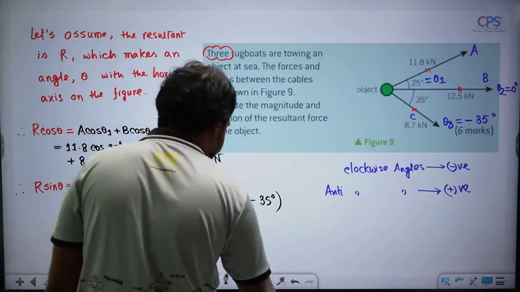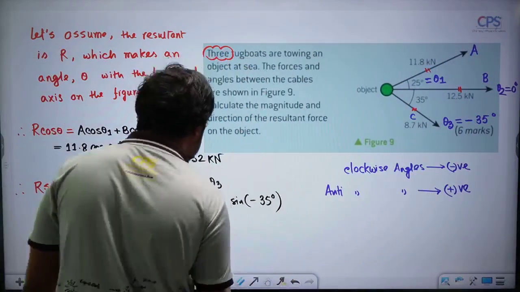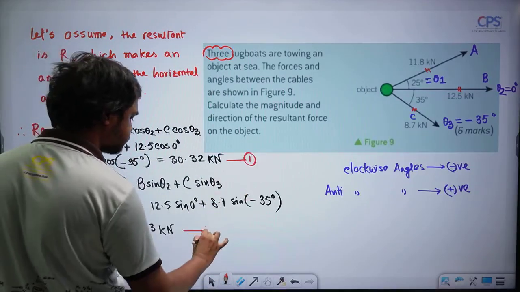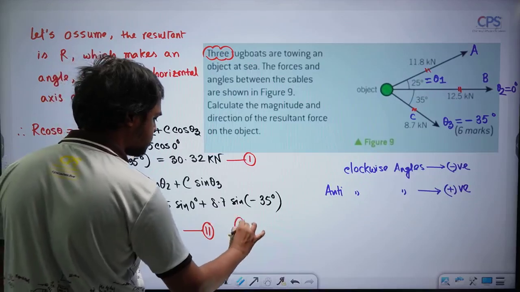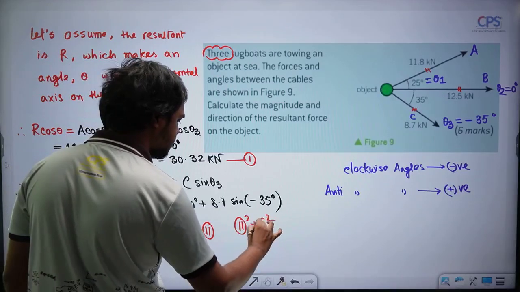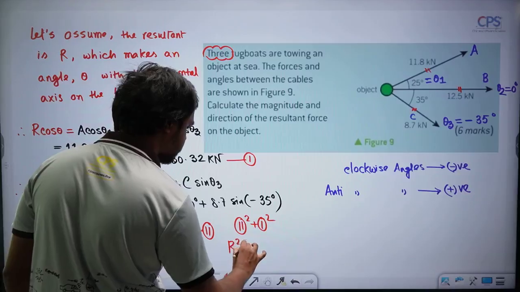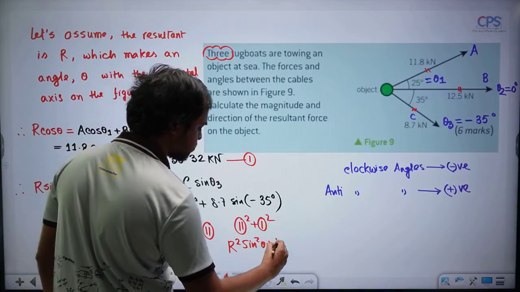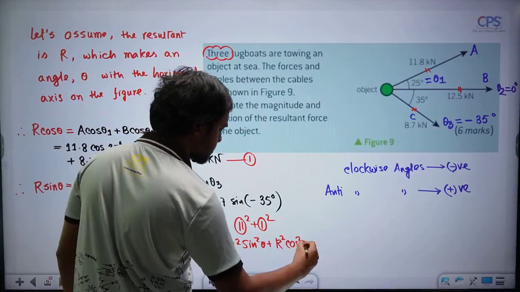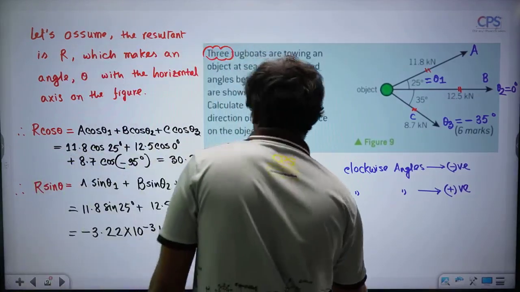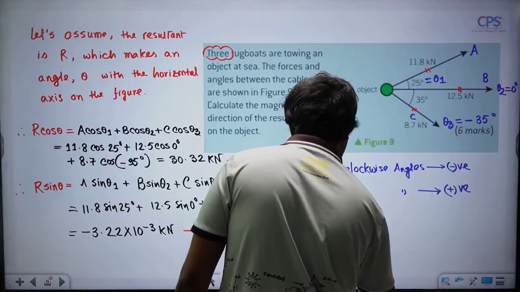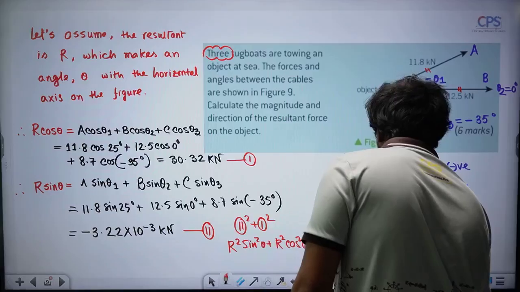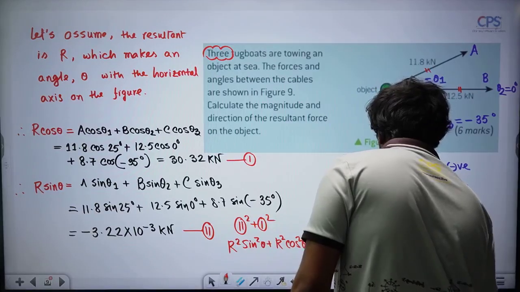So how to carry out the r here? To get r, let's say this is 1 and this is 2. So 2 square plus 1 square will bring you r square sine square theta plus r square cos square theta equal to 30.32 square minus of 3.22 into 10 to the power minus 3 square.